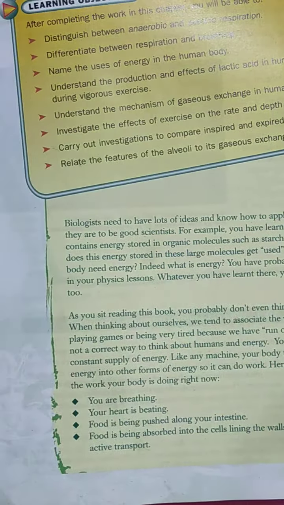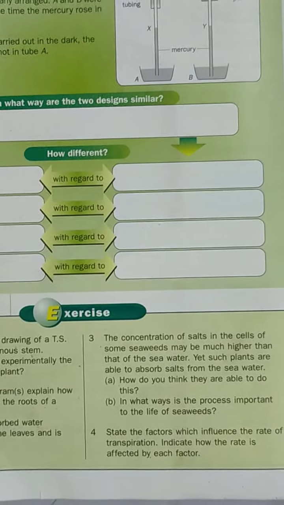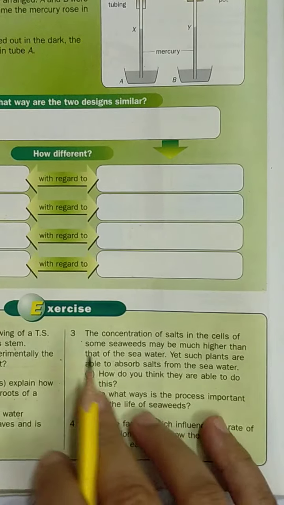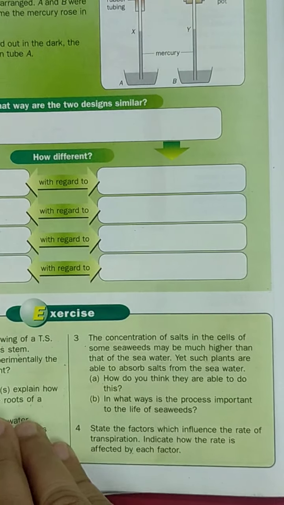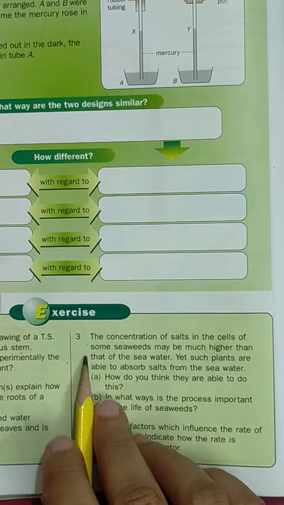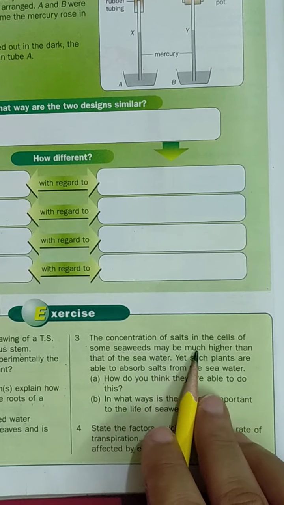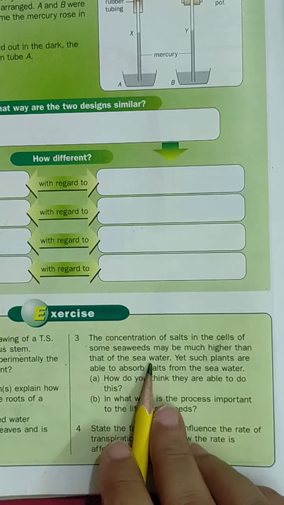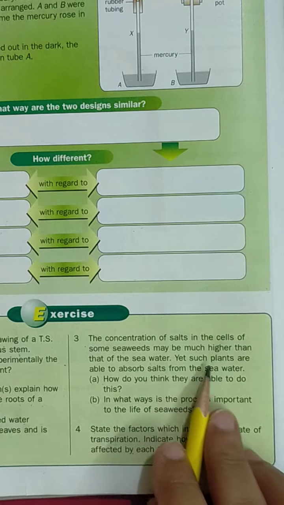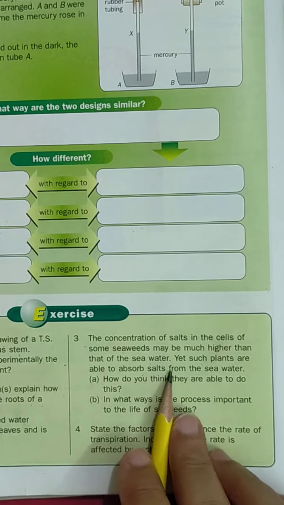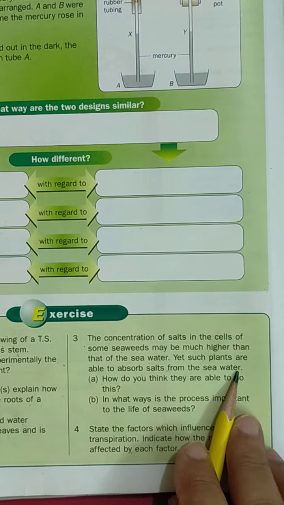Okay, now the next question is that the concentration of salt in the cells of some seaweeds may be much higher than that of the seawater, yet such plants are able to absorb salts from the seawater.